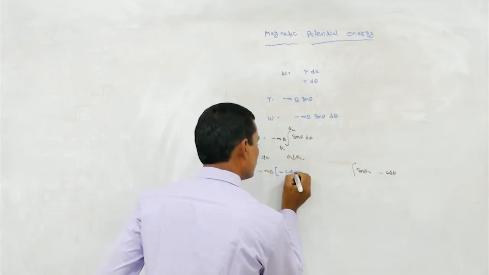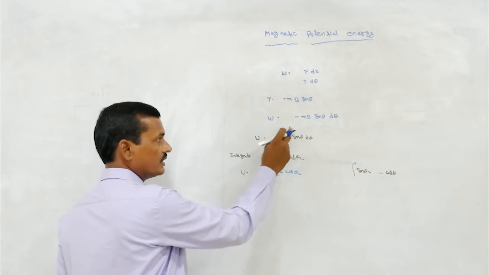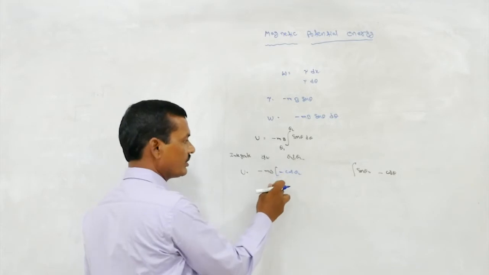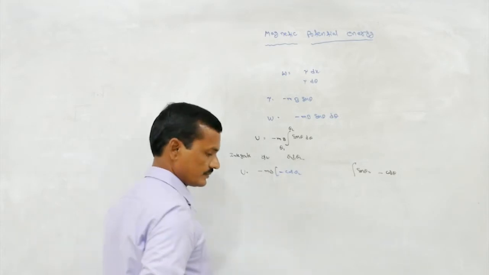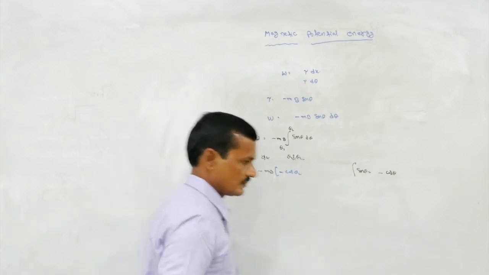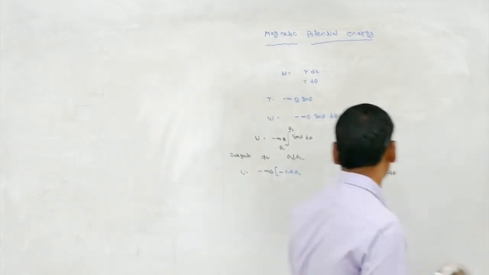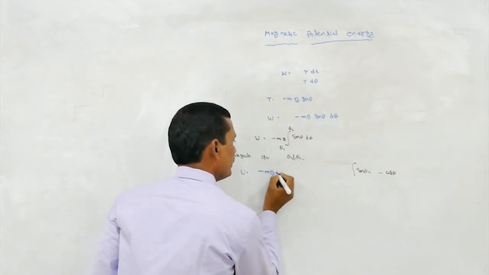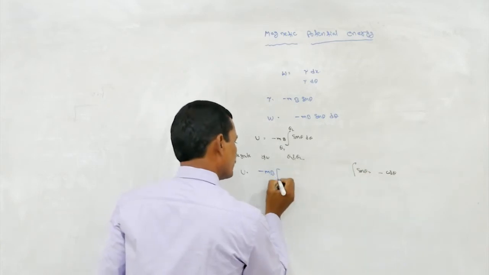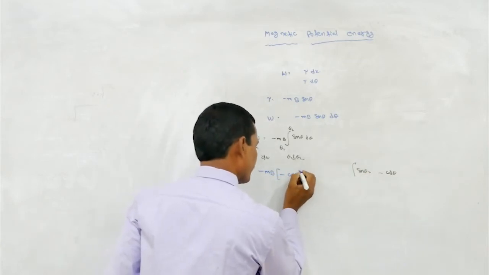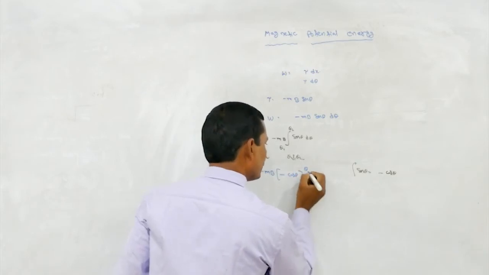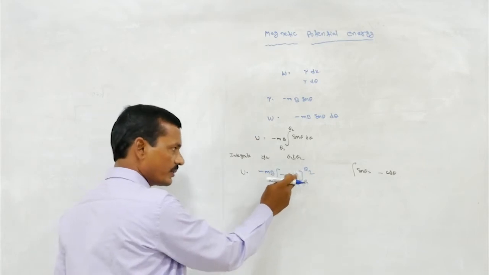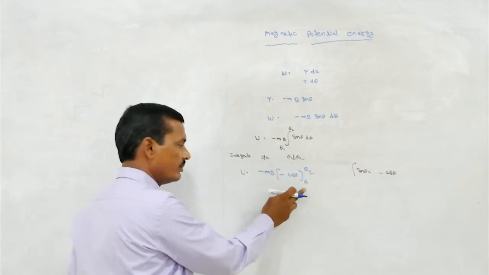minus cos theta, between theta 1 and theta 2. Why? Because this is the upper limit, this is the lower limit. By replacing this formula, I am substituting the value of the upper limit theta 2 and subtracting the lower limit.